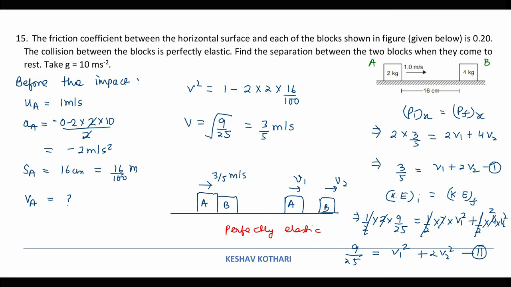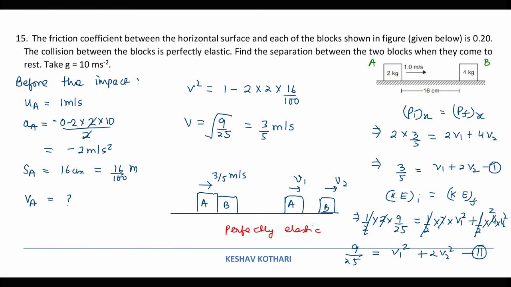On solving equation 1 and equation 2, we get the value of V1 as minus 0.2 meter per second, and that of V2 as plus 0.4 meter per second. So after collision, block A will start rebounding back, whereas block B will start moving in the forward direction.